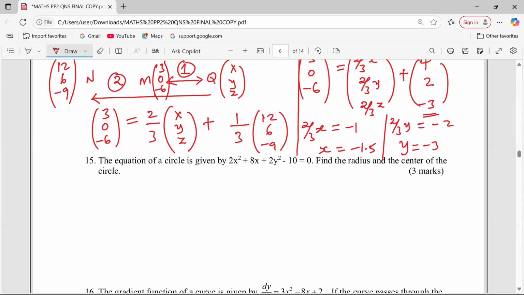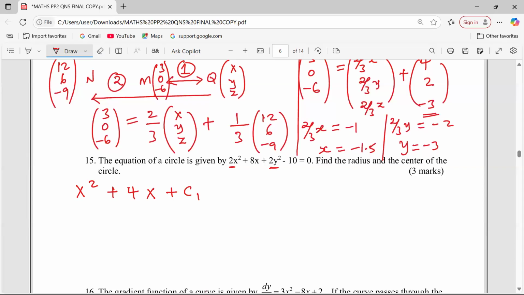we are already having the terms for x, so we are supposed to ensure that the squared part equals 1. So when we divide through by 2, it shall be x squared plus 4x. I have to add a constant here to make it a perfect square.